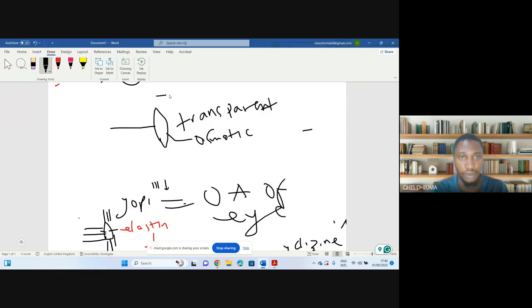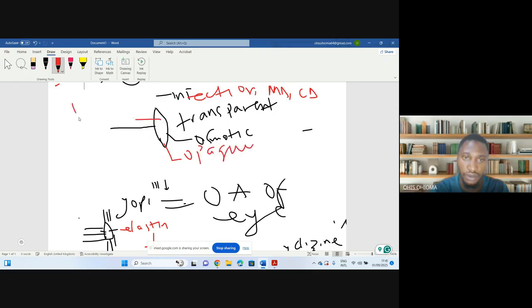So it could be an infection, it could be a metabolic disorder, it could be a congenital disorder, right? Anything that will make this transparent lens become more opaque will cause cataract. So opacification or whitening of this lens causes cataract.